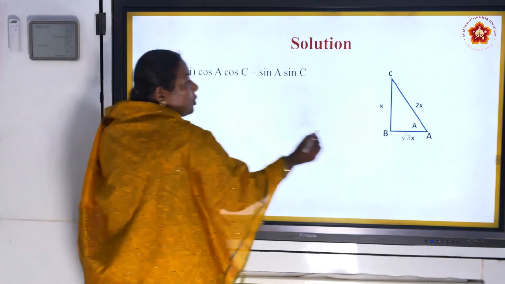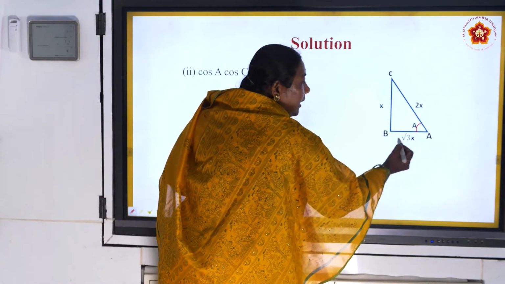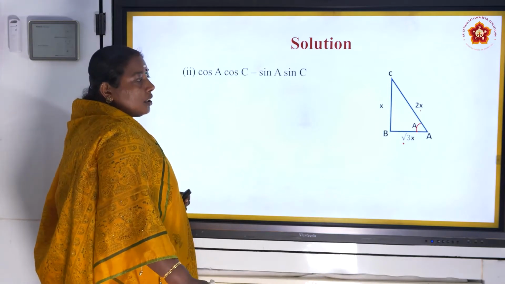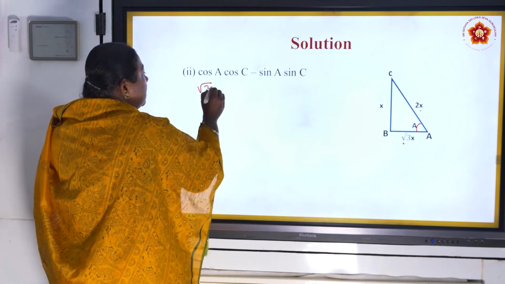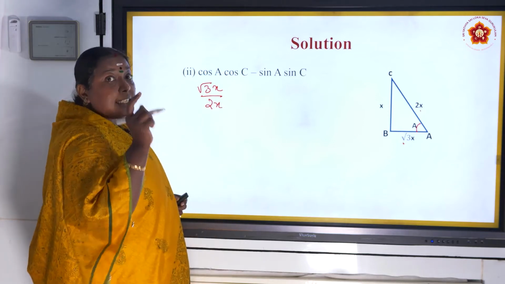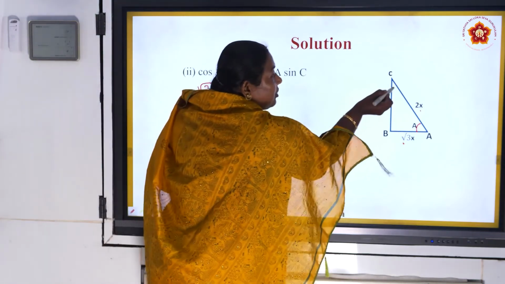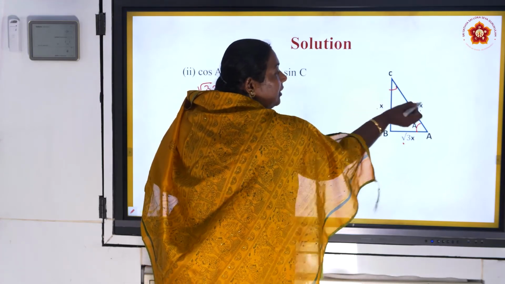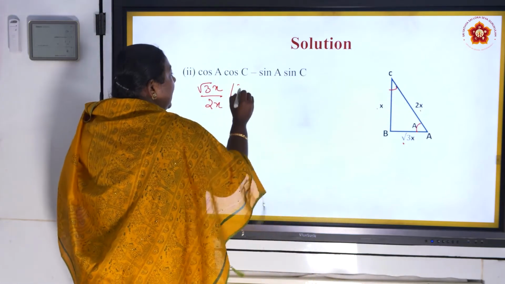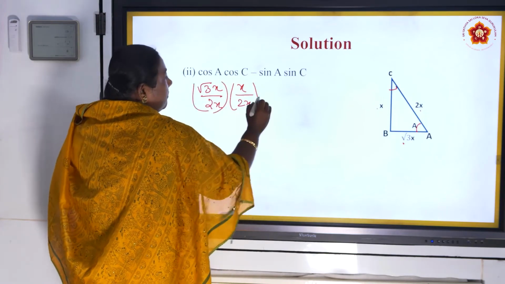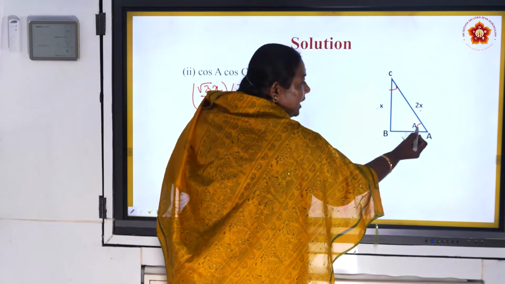Cos A. That means adjacent by hypotenuse, root 3x by 2x. Next, cos C. That means I have to stand here. Cos C means adjacent by hypotenuse, x by 2x. Right? Minus sin A. Again I have to stand here.